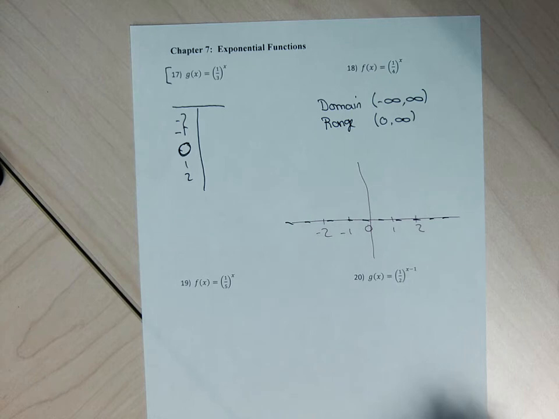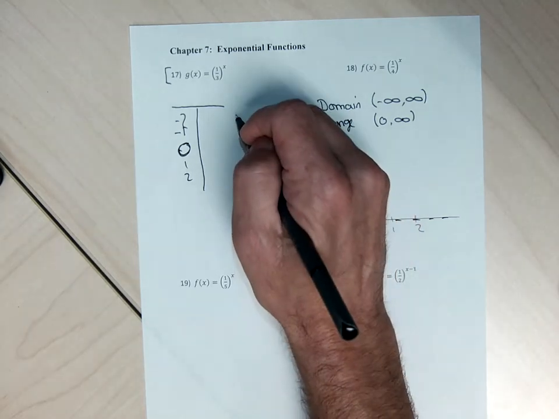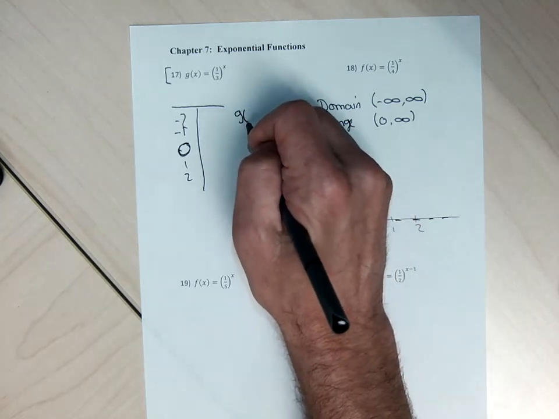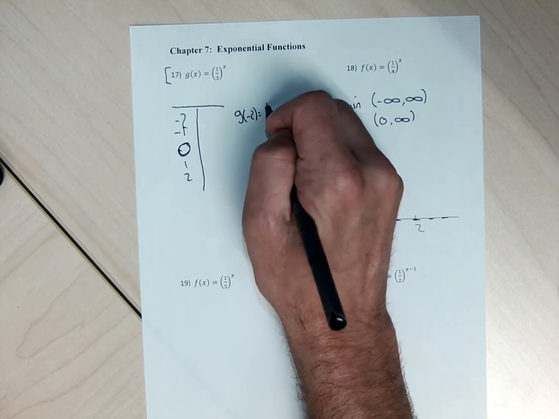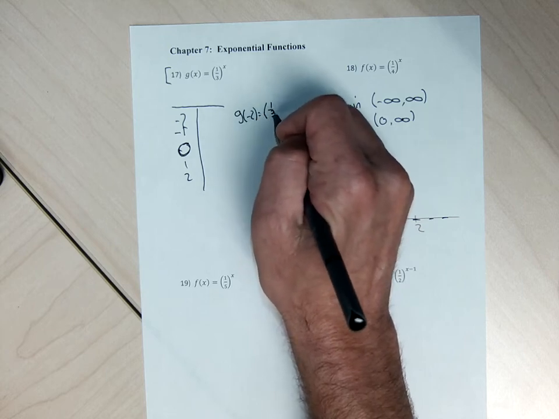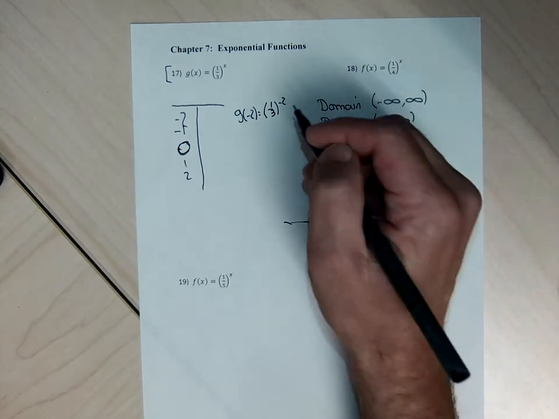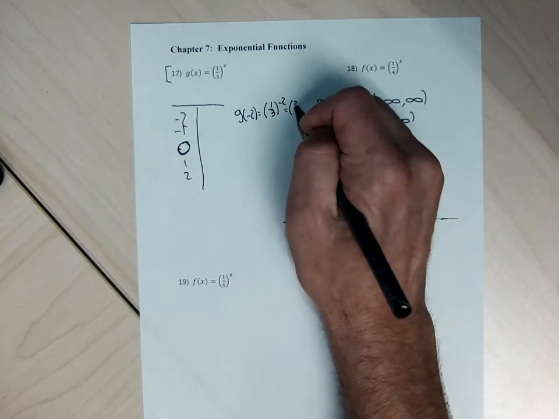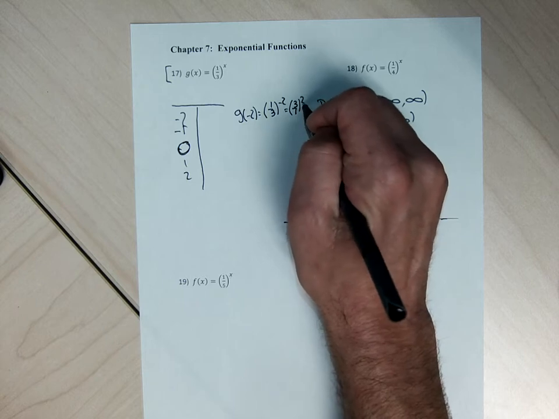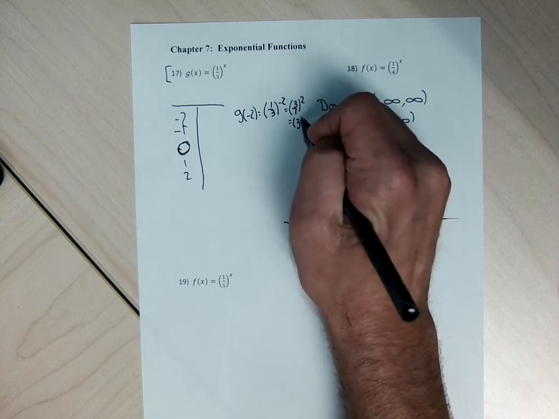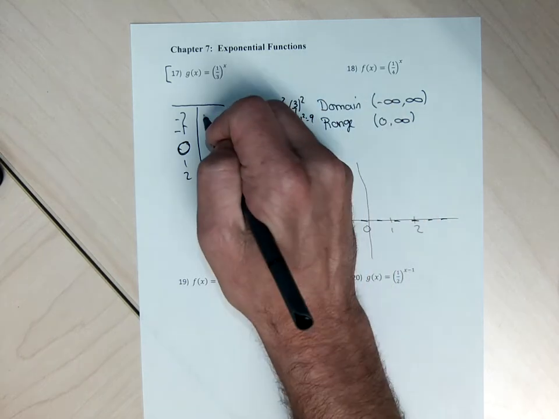Now for each x, I'm going to get a y. So for my first one, I'm going to do g of -2, which is 1/3 to the -2 power. If you didn't have a calculator, you could say this is 3 over 1 squared, which is 3 squared, which is 9.